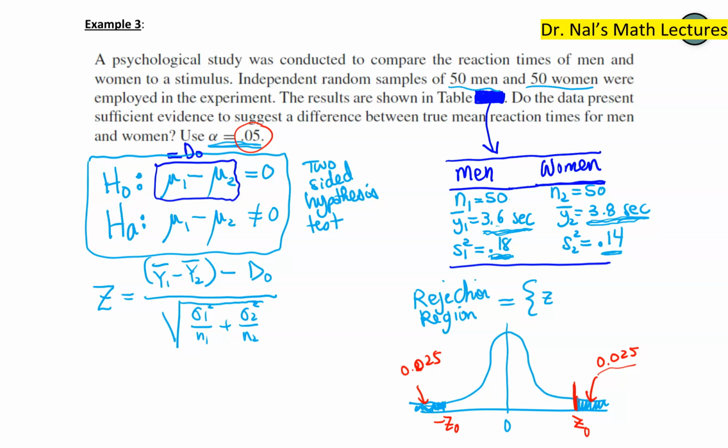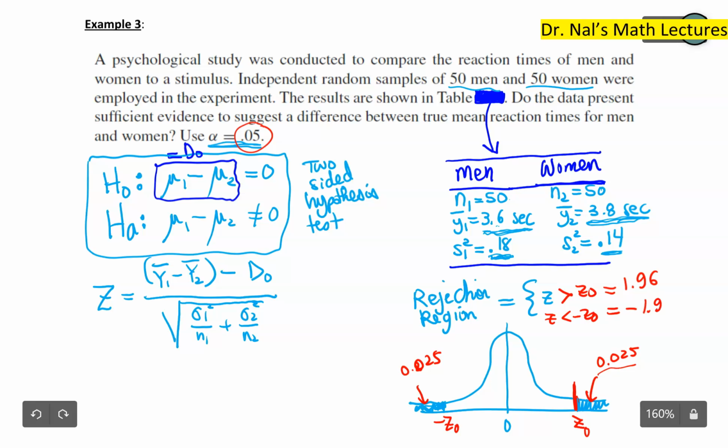So make sure you look at that value in z. If you do so, you will realize that either z is greater than z0 or z is less than minus z0. And if I'm not mistaken, z0 comes out as 1.96 here, and this one is minus 1.96.